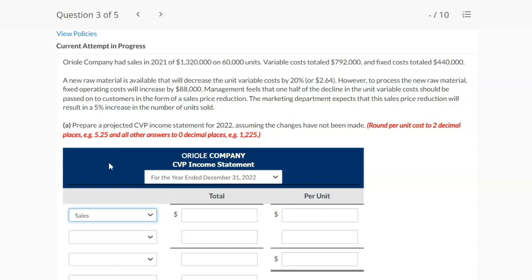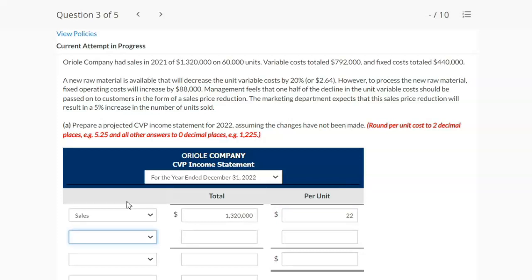You start off with sales, you got it up there, 1,320,000. Now divide that by 60,000 and you get your per unit, 22.